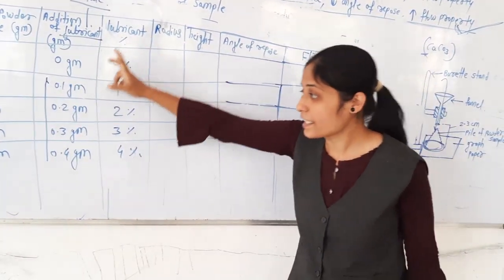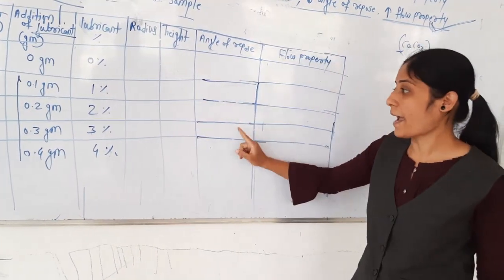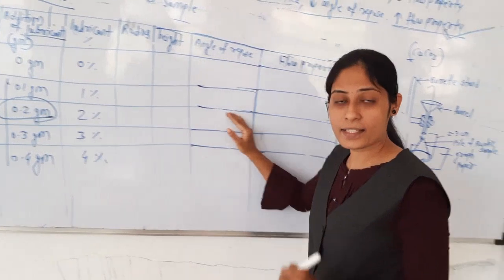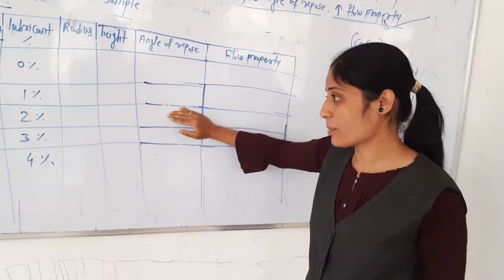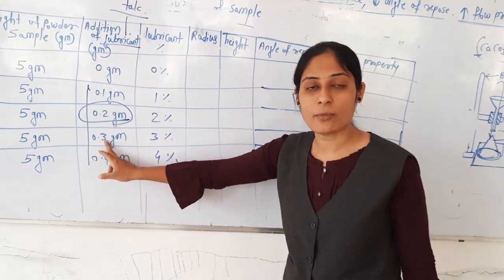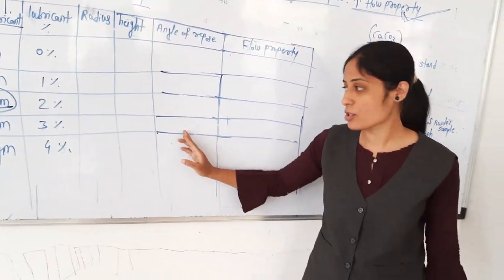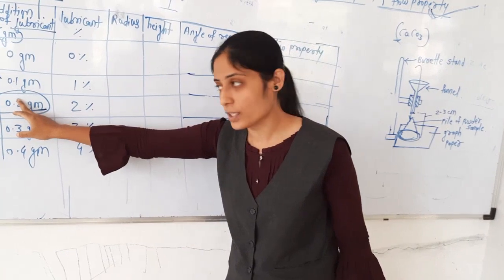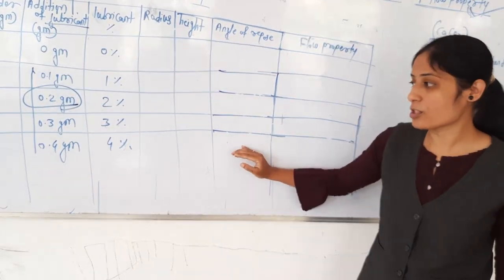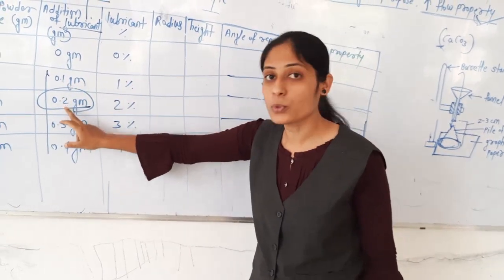It means when we increase the concentration, the angle of repose value decreases. Then 0.3 gram concentration has a lower angle of repose value than 0.2 gram, and 0.4 gram has a very low angle of repose value as compared to 0.1, 0.2 and 0.3.